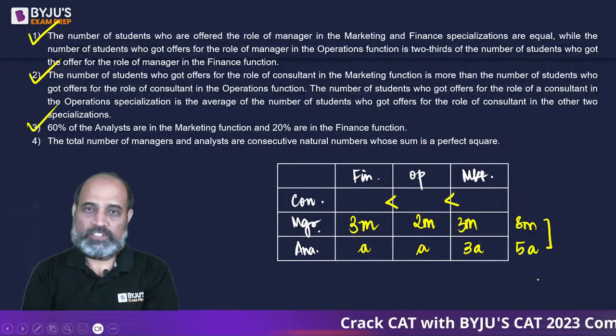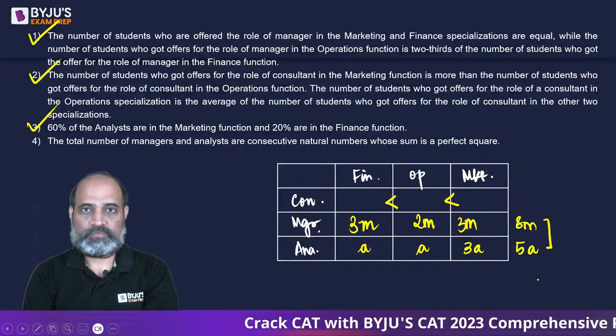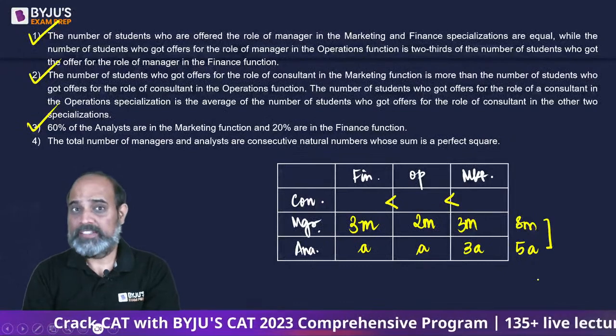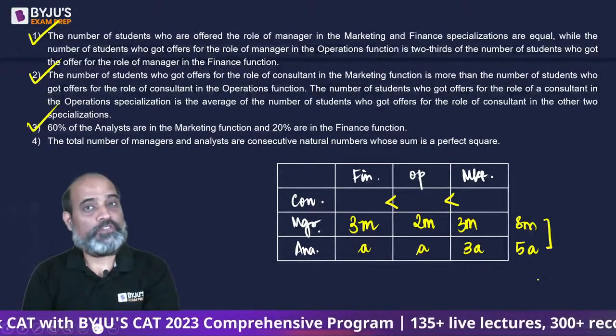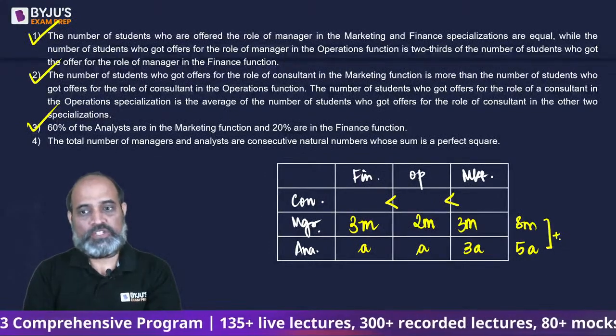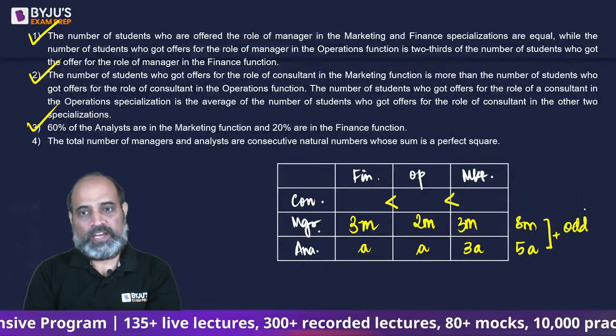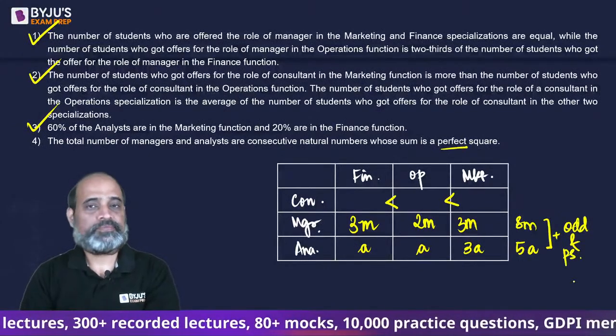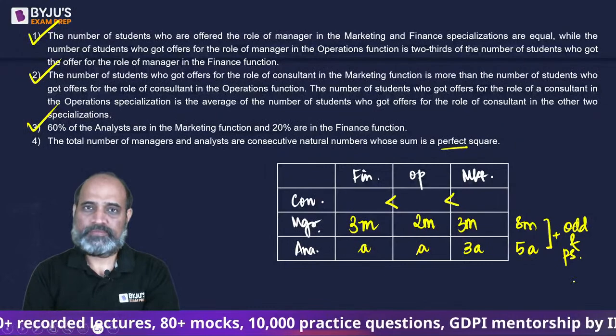You take any two consecutive numbers. Okay, in your mind take any two consecutive numbers, and if you add them, you will always get an odd value. So can we say the sum of these two is going to be an odd value, which is also a perfect square? PS, perfect square.